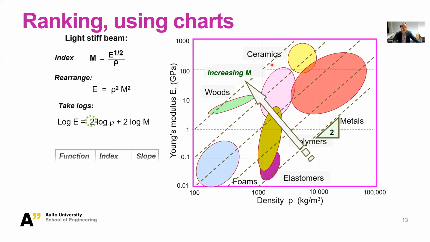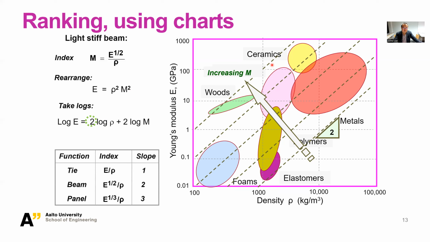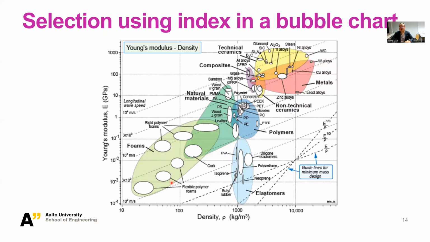And here there are also a few more equations if you are in different loading modes. Here I'm giving you the beam bending, and this is basically the principle, how you can do it.